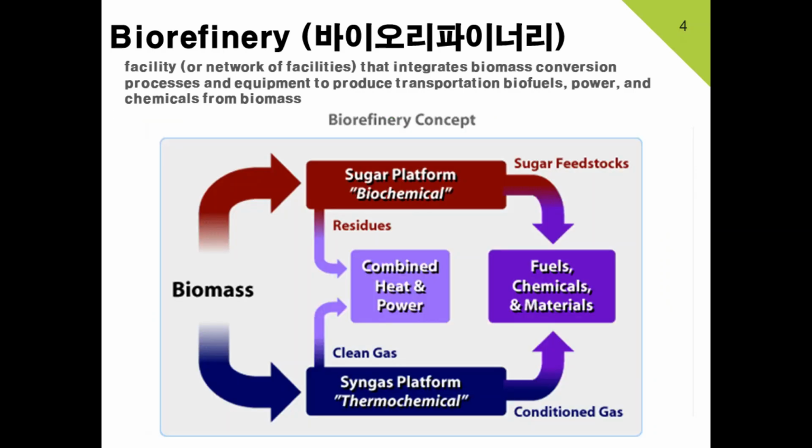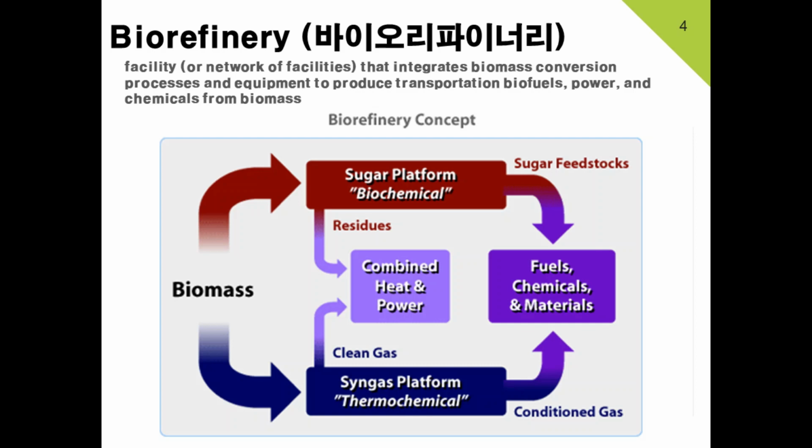So under the biorefinery concept, biomass is transformed into fuels, chemicals, and materials, and also as a combined heat and power source by two platforms. The first platform is the biochemical platform or sugar platform, wherein biorefineries break down biomass into different types of component sugars for fermentation or other biological processing into various fuels and chemicals.